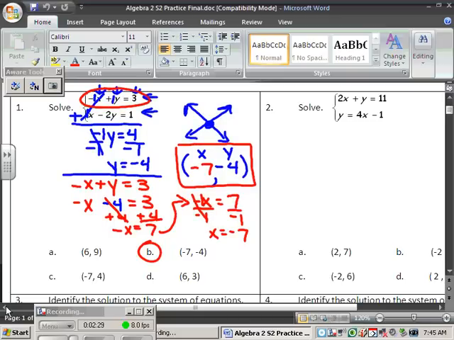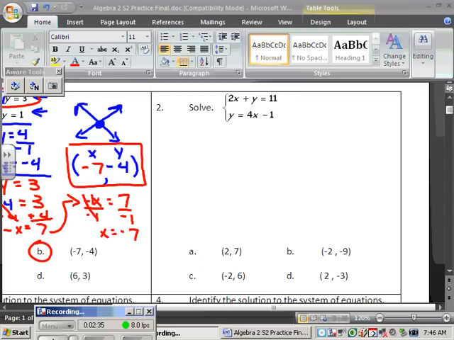Let's look at number 2. For number 2, in order to find the solution for this system of equations, you'll see this is different from number 1 because the variables are not lined up. Now there's a different approach you could take to this problem, called the substitution method, that would be easier due to the format of these equations.